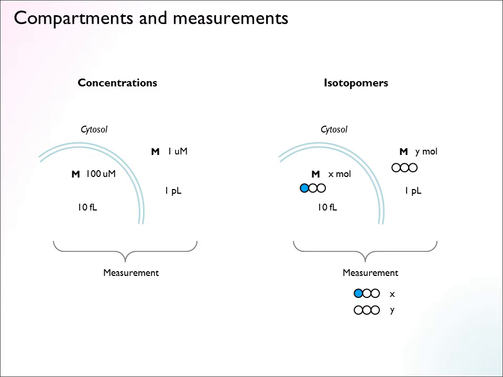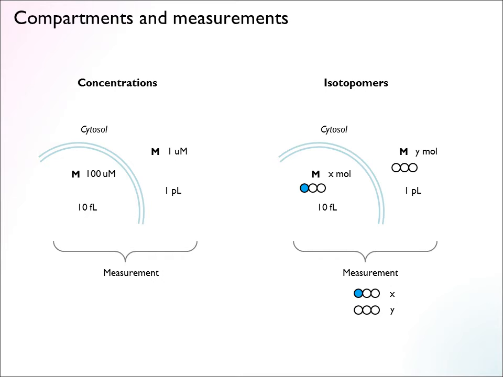This also appears when we do isotope tracing. In this case, isotopomers could exist in different states, in different organelles. You might, for example, produce this metabolite called M in a different way in an organelle, say the mitochondrion, than you would in the cytosol.